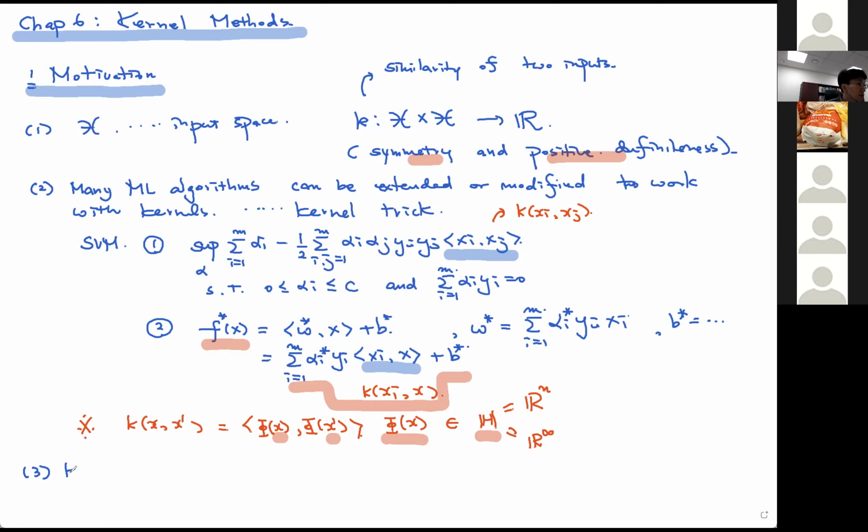Kernels have nice mathematical theory, and as a result, we can analyze many existing machine learning algorithms using this theory for the kernels.